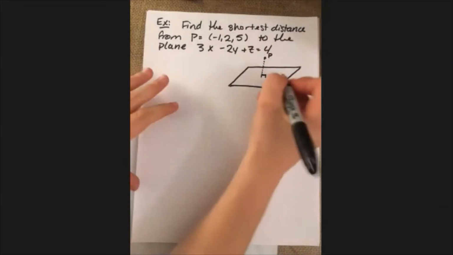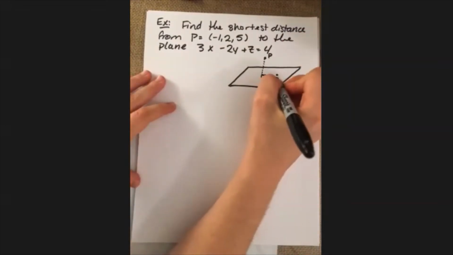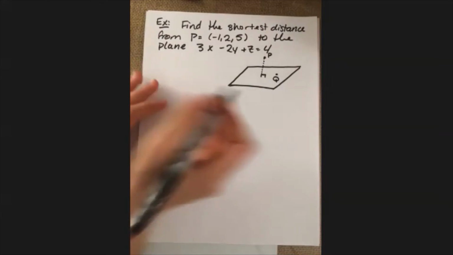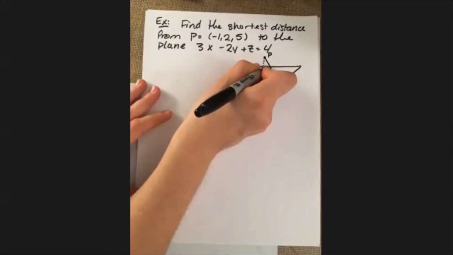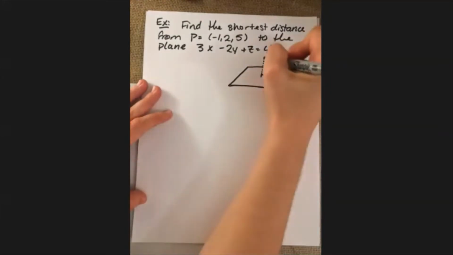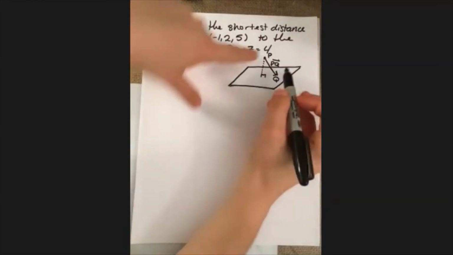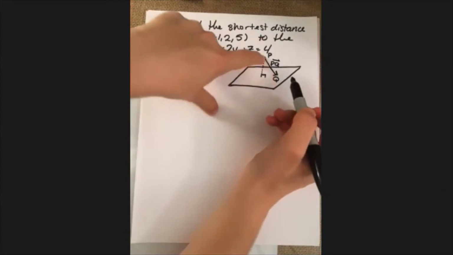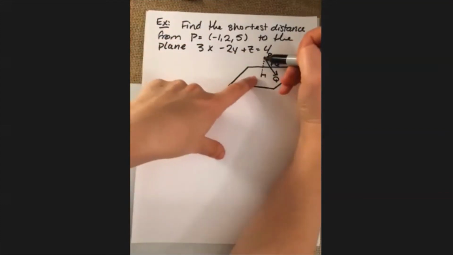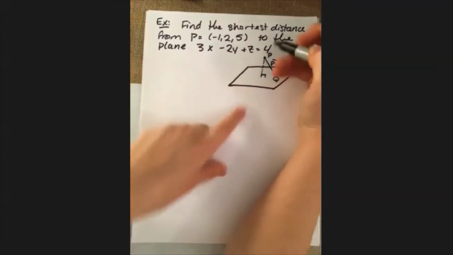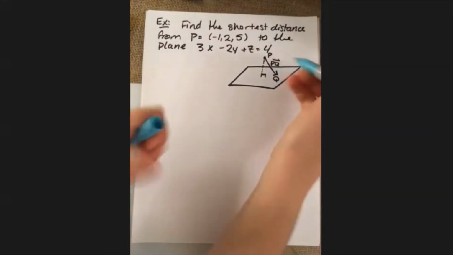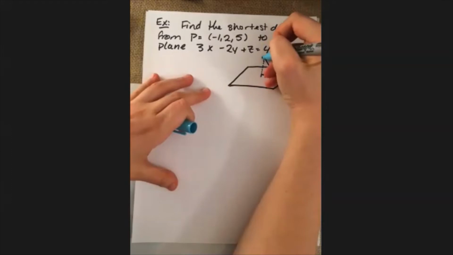We can pick any point Q on the plane, and there's a vector between P and Q. What we can do is figure out how much of this vector points in this up and down vertical direction. The way we do that is by taking the projection of PQ onto a vector that points vertically away from the plane.